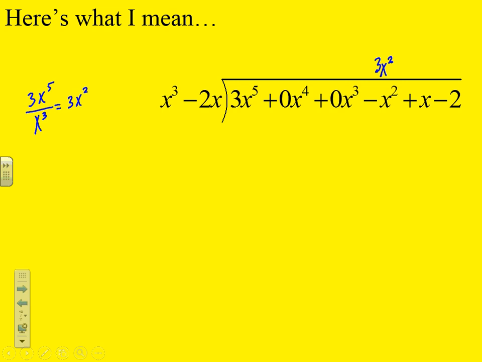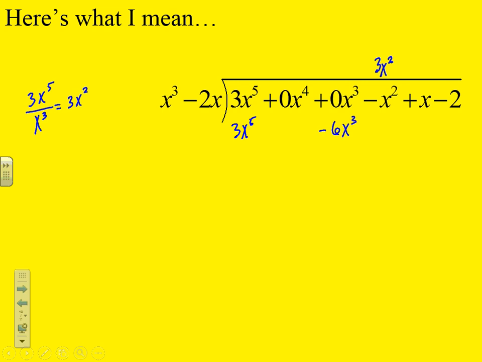So 3x squared times x to the 3rd will give me 3x to the 5th. 3x squared times negative 2x will give me, I'm sorry, not negative 2x, but negative 6x cubed.